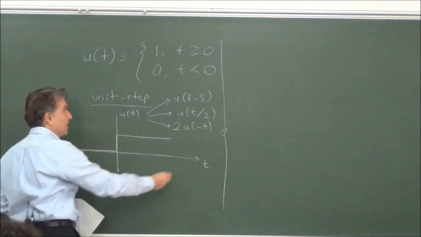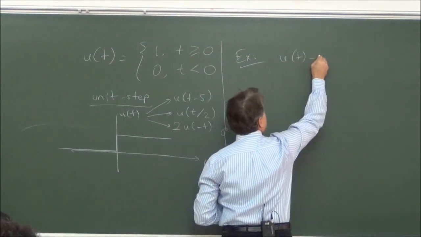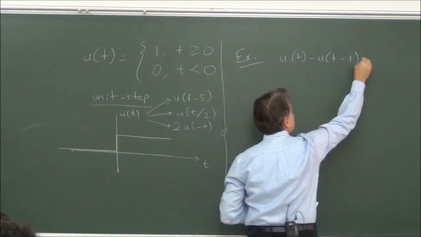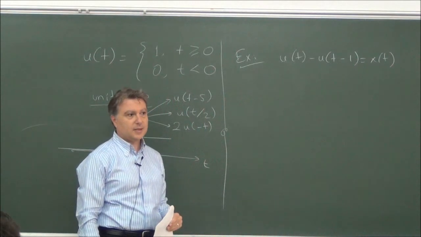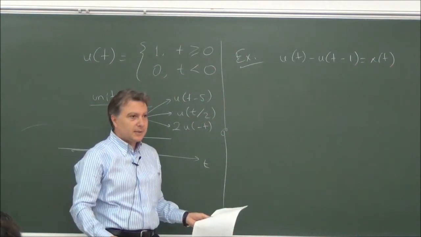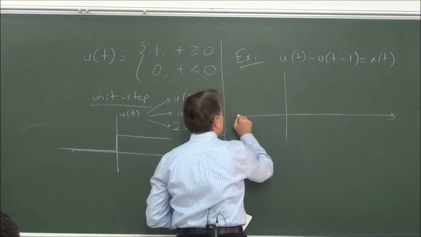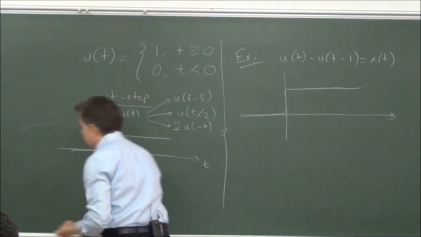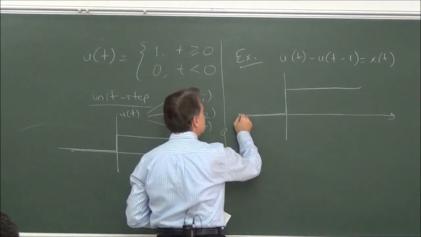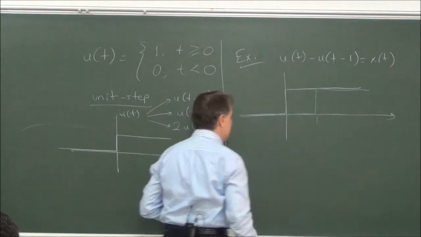So what is then u of t minus u of t minus 1? Let's call this x of t, the signal. Can you plot this? u of t is this, and u of t minus 1 is this, starting from 1.